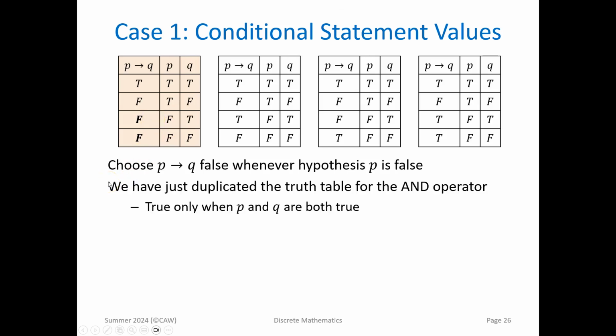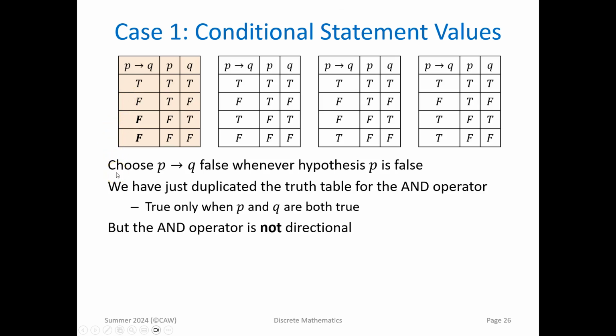There's a problem. We've just duplicated the truth table for the AND operator. True, false, false, false. The AND operator is only true if all of its operands are true. We don't want P then Q to be the AND operator.